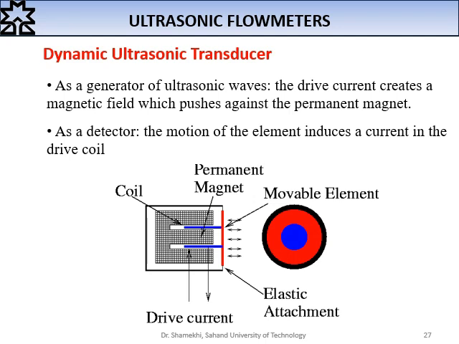Each ultrasonic transducer can operate as both a generator and a detector. As a generator of ultrasonic waves, the driver current creates a magnetic field which pushes against the permanent magnet. And as a detector, the motion of the element induces a current in the drive coil.